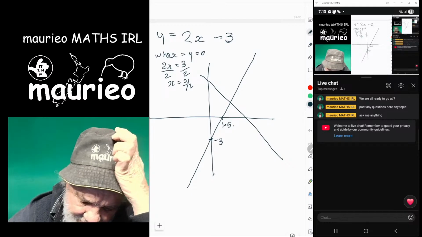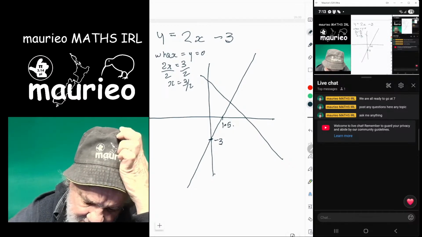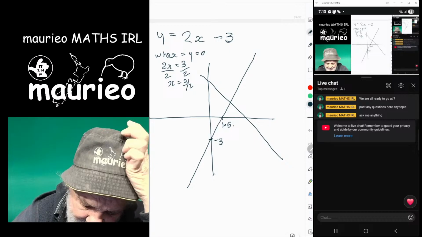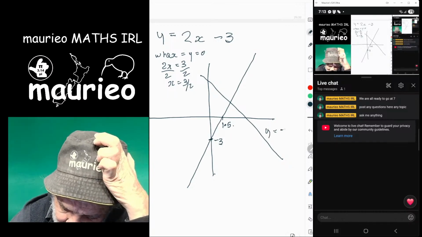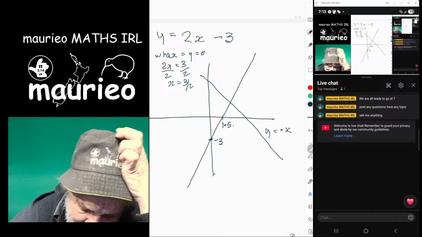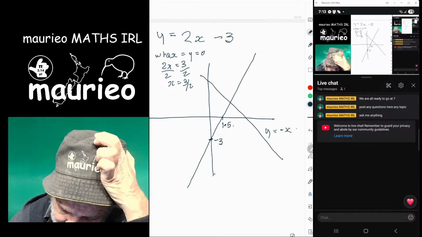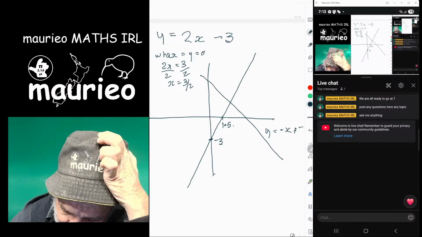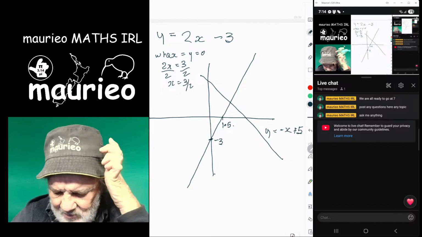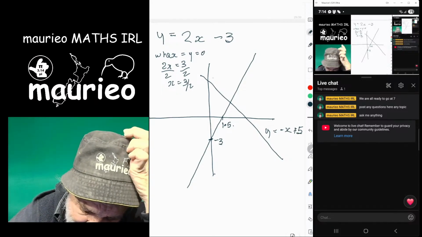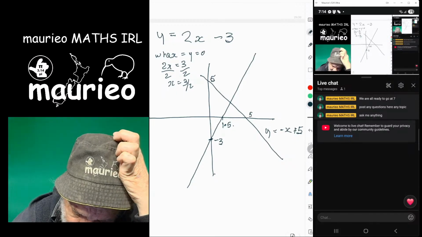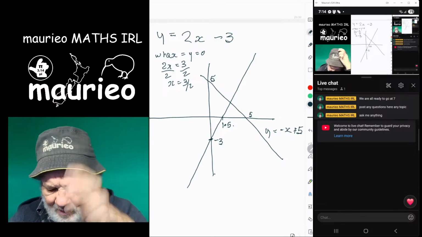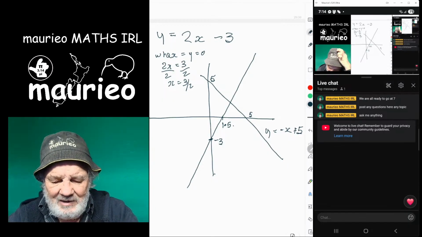Let's see that graph there's got a bit of a negative gradient, 1 there. So let's say y equals -x, and plus 5. So we'll say that graph there, we'll say that's 5, and that's 5, and that's the graph y equals negative x plus 5.